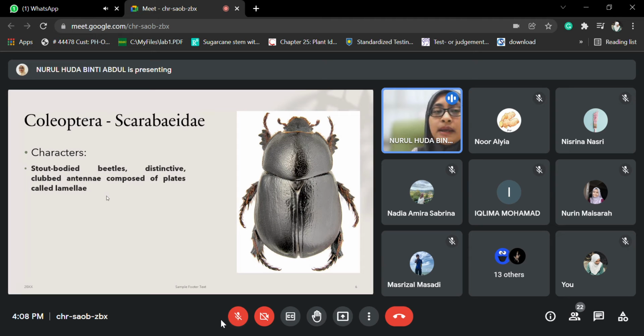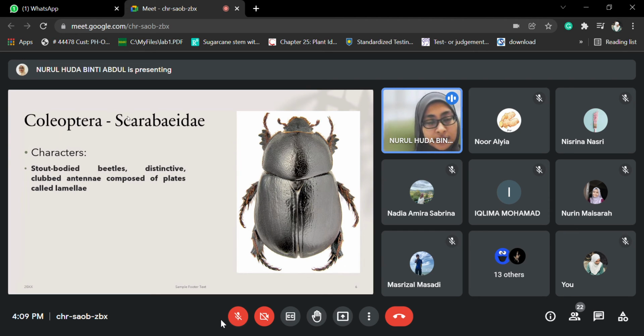Okay, now we have another group, which is Scarabaeidae. You can see here the body is very short, rather plump. They have a distinct club antenna composed of plates called lamellae. So we have lamellate antennae, where the shape is a club but the club is flat. It is arranged as if there are three.